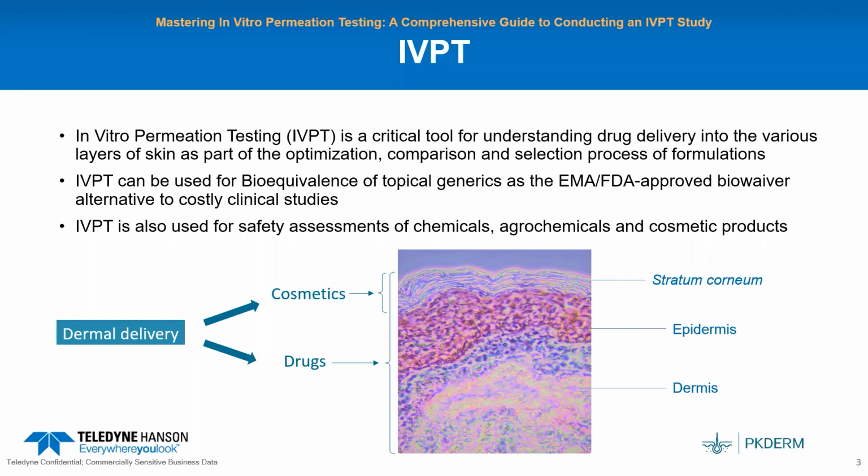IVPT can also be used for bioequivalence studies of topical generics as an EMA and FDA-approved biowaiver alternative to costly clinical studies. In addition to its use in drug development, IVPT is also used for safety assessment of chemicals, agrochemicals, and cosmetic products.